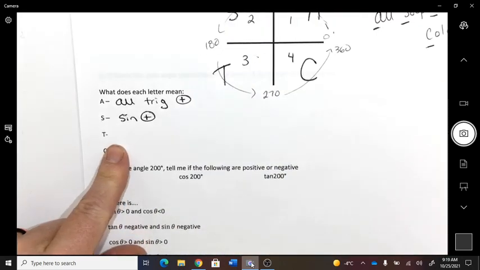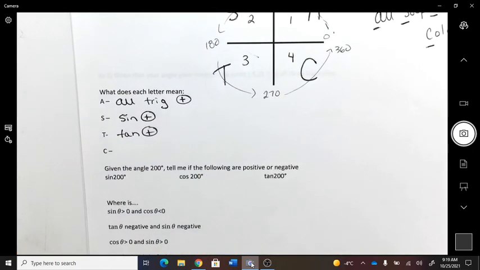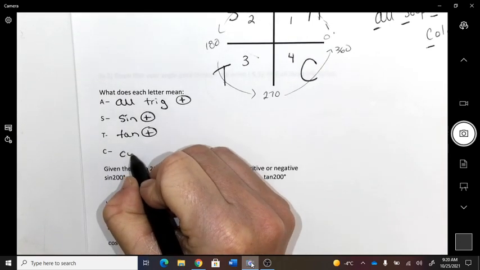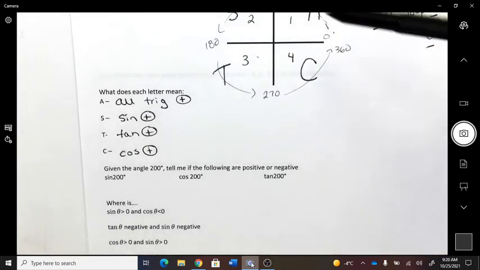So what happened to the T quadrant? Tan was positive, but the other ones are negative. Okay, so what's in quadrant 4? The cos is positive, which means if you tan an angle or sine an angle there, they're negative. Okay, so this little acronym is trying to help you realize what's going to be positive in that quadrant.